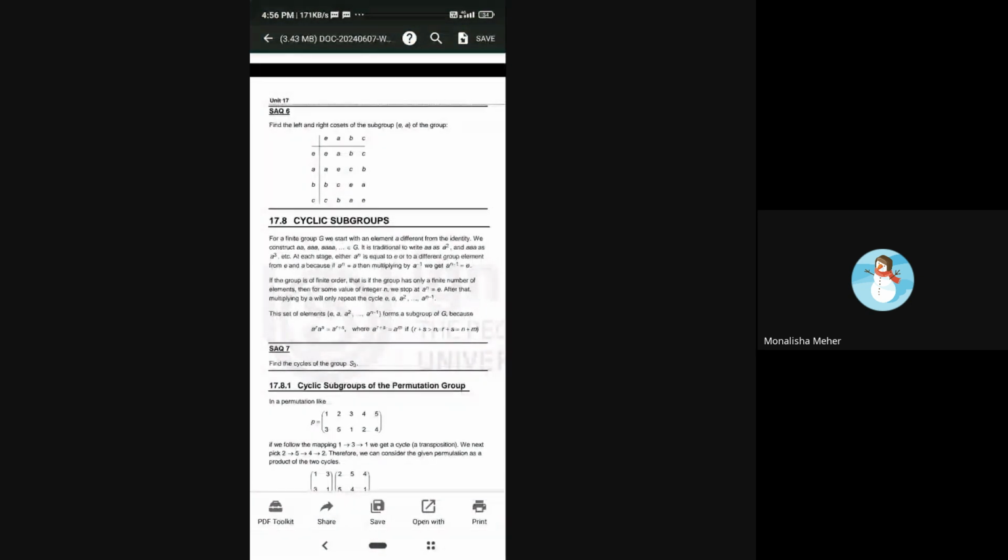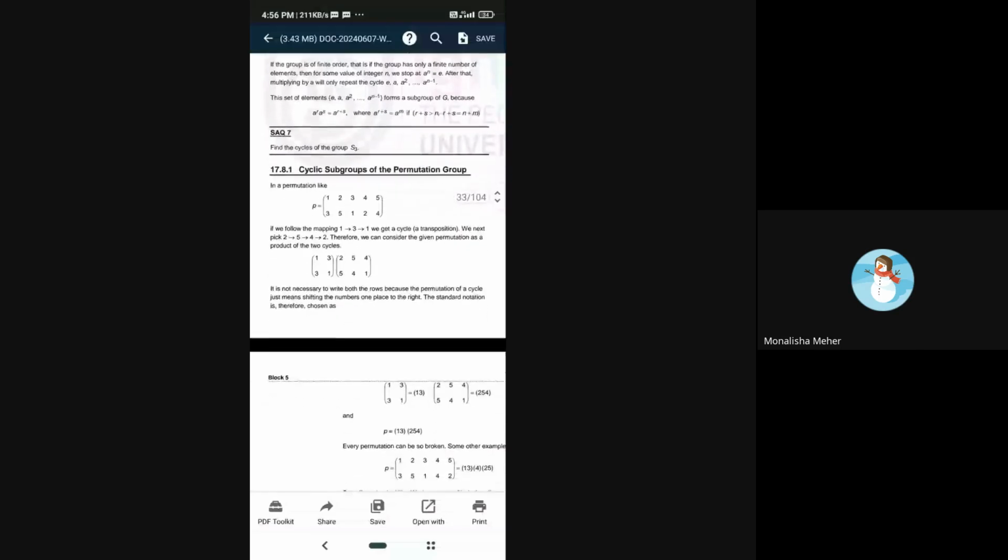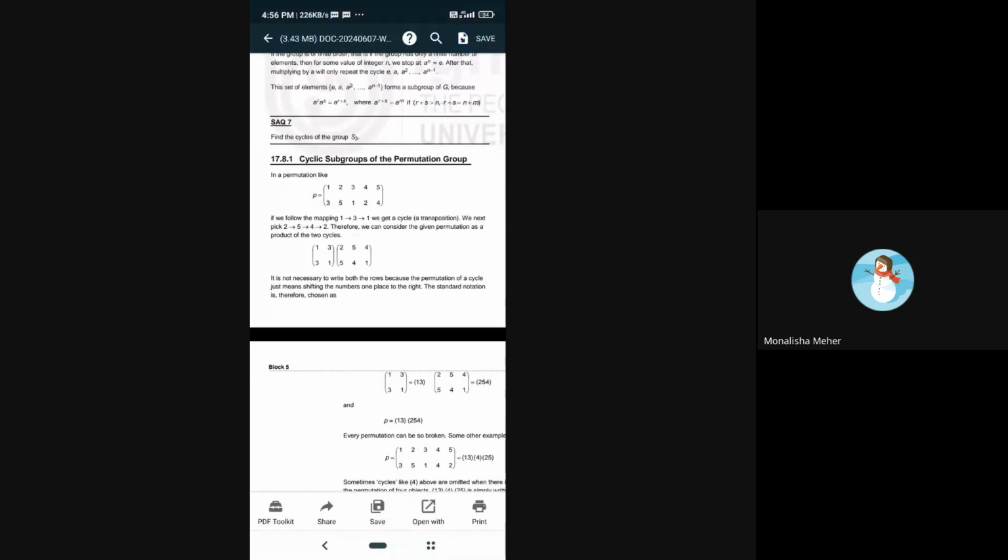This set of elements forms a subgroup of G, because A to the power R times A to the power S is equal to A to the power R plus S, which is equal to A to the power M. Okay. Then your cyclic subgroups and permutation group.